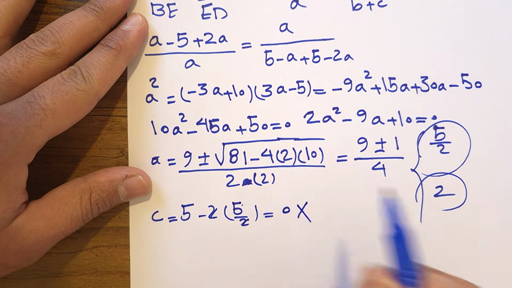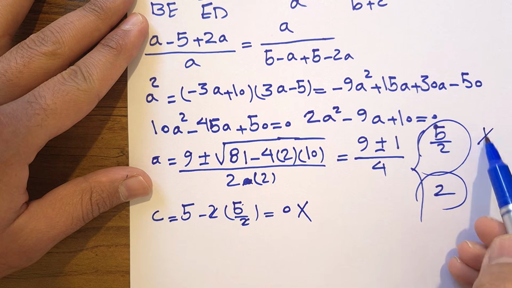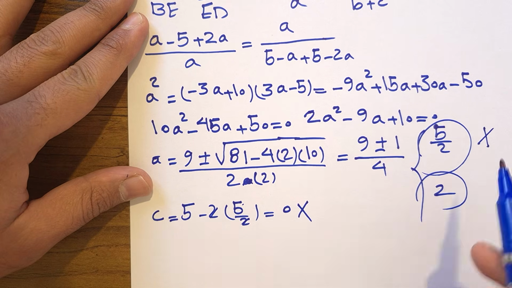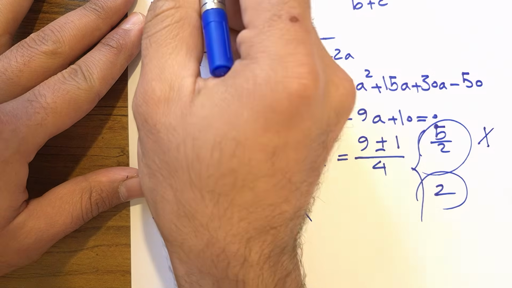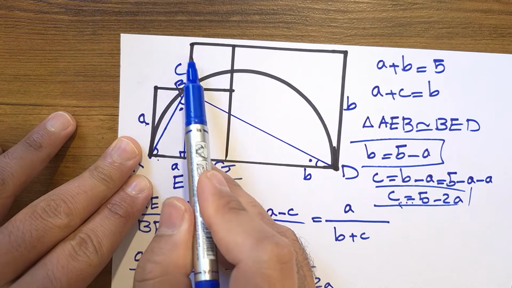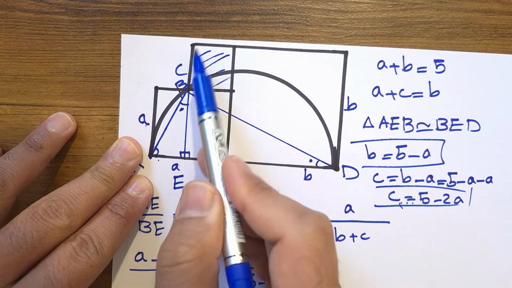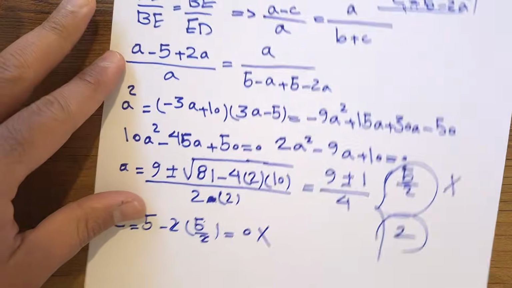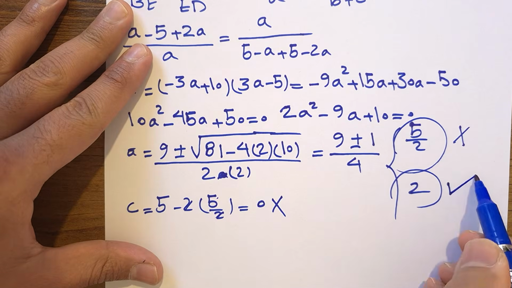So A cannot be 5 over 2, right? Because in other words, C becomes 0, but we know that this is the side of this triangle. So C cannot be 0. We are in geometry, so everything must be positive. So the only answer is just A equals 2.